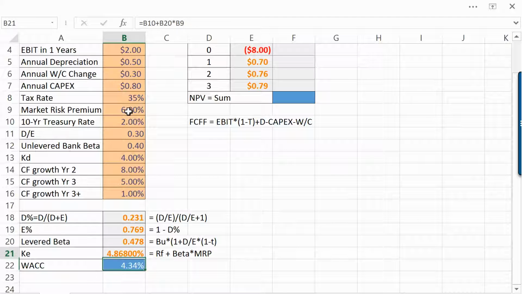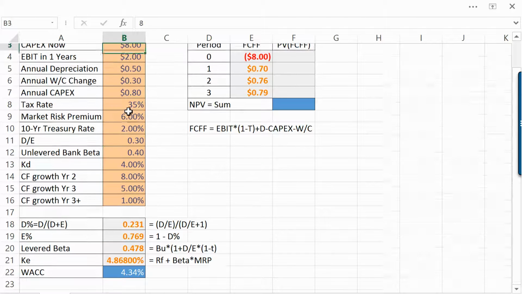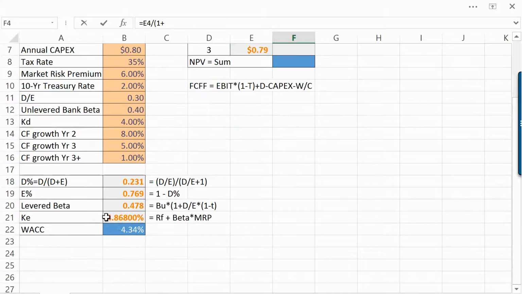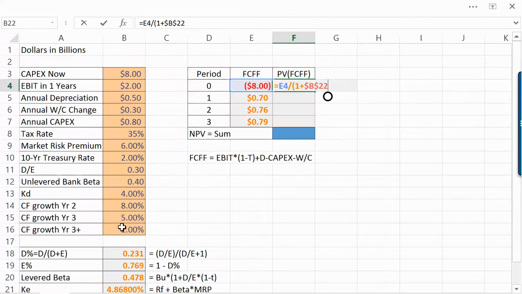I can then use that to discount my cash flows. First cash flow over 1 plus the WACC. I'm going to anchor that, raised to the period power. Now I'll copy that for the next few years. So here's the present value of 0.8, 0.70, 0.76, and 0.79.